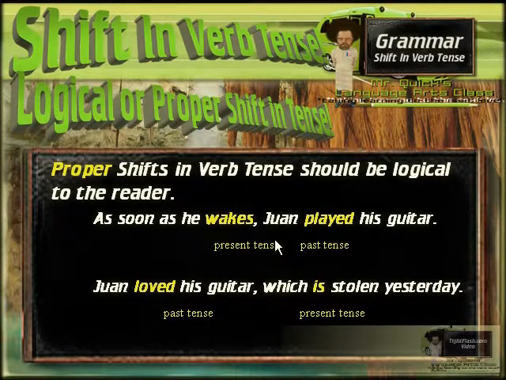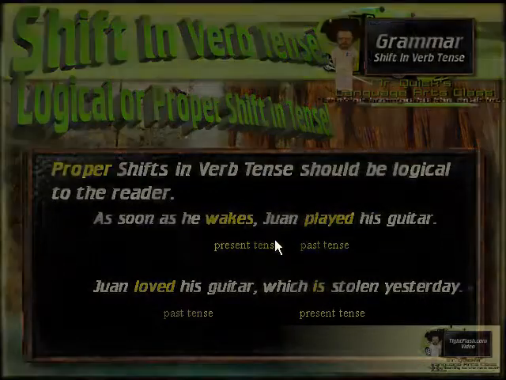Okay, so automatically you should have heard a problem with that one. There's no present tense here with is stolen yesterday. No, it doesn't make sense. It is definitely not logical.